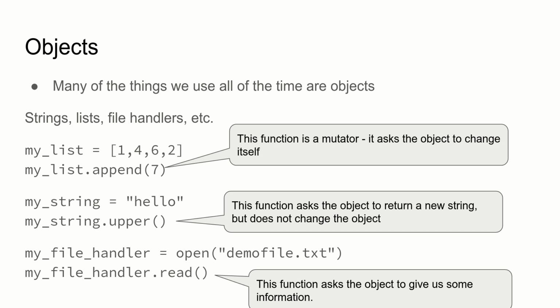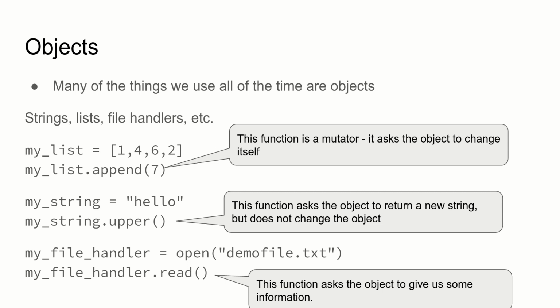Here are a few different examples of functions, and they're noteworthy because they're different types of functions that objects could have. Objects can have a type of function called a mutator. This changes the object itself. Whereas saying 3 plus 3 or x plus y doesn't change 3 or x or y.